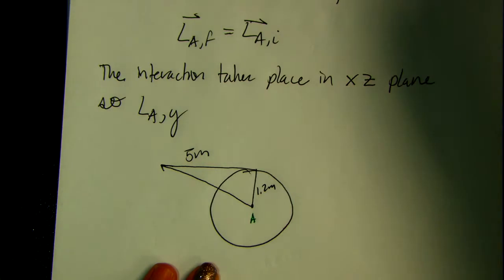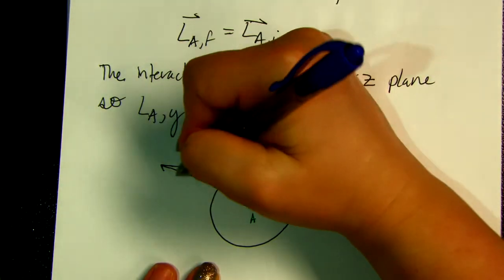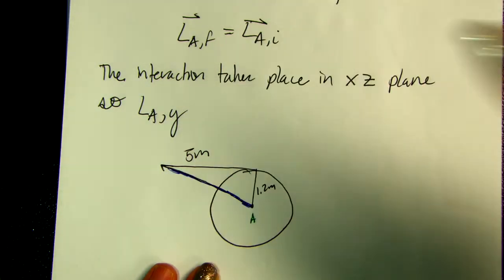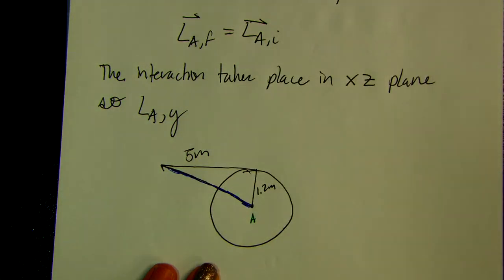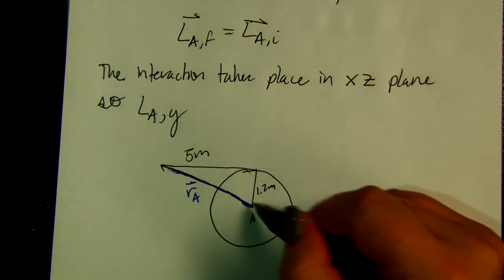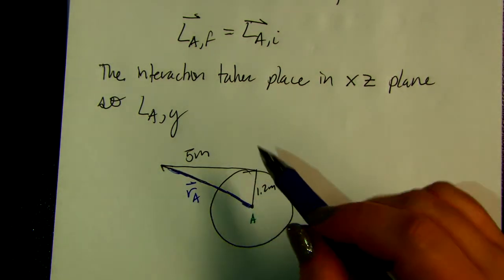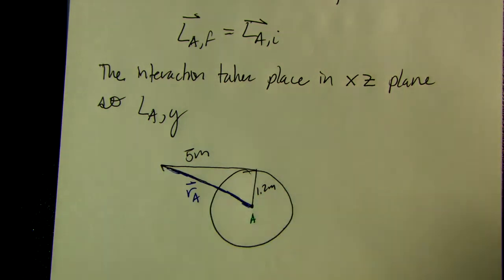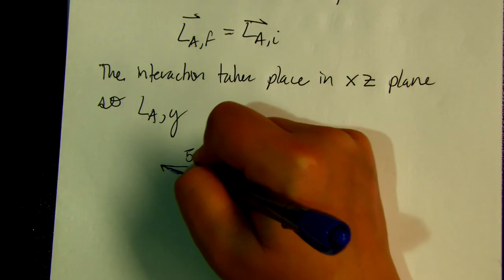Let me put a different color on that. RA is going to be the direct line from A to the point where she's starting, 5 meters away. And so we have an angle theta.